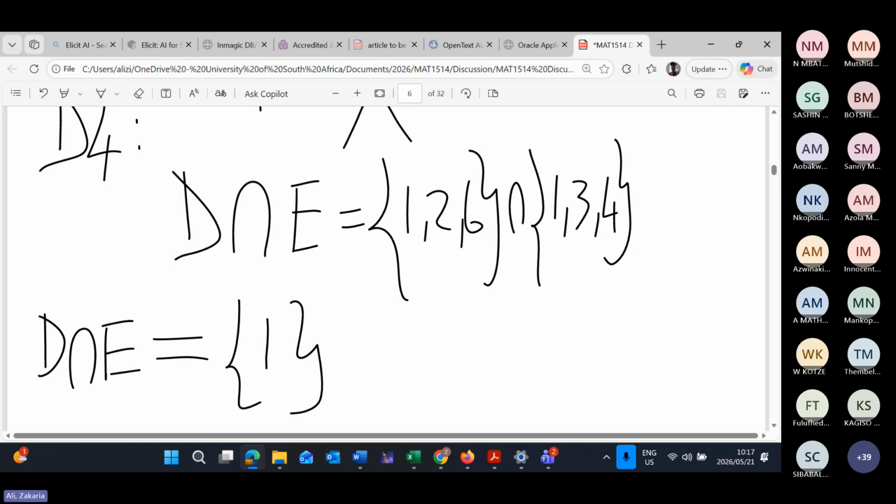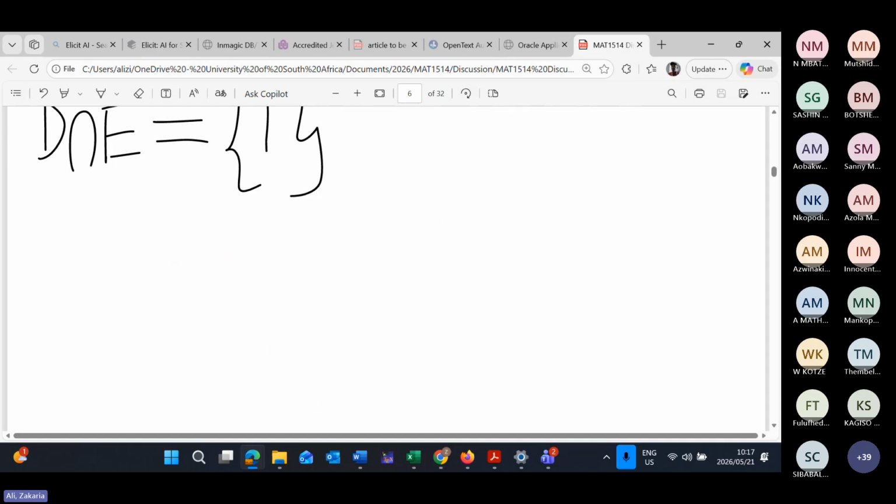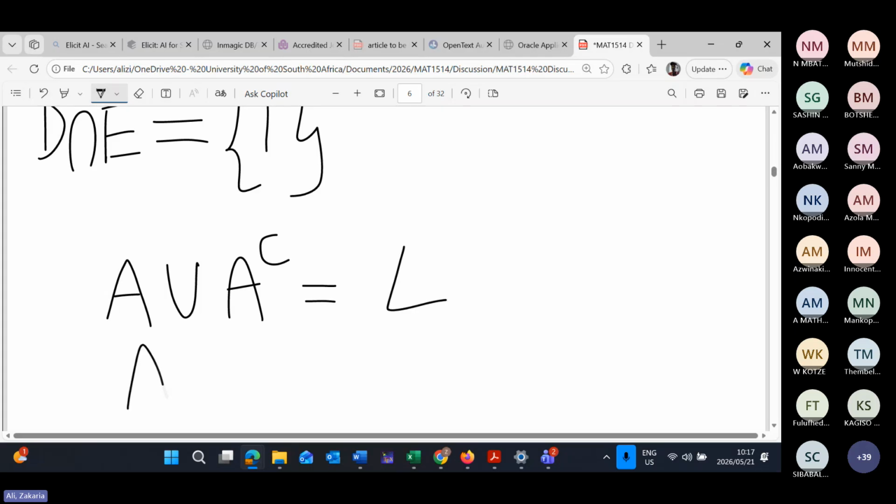Great. Now the question comes in. I mentioned earlier when I said the union that if I take the set A and do union with its complement, I get the original set, which I called L. The question is, what happens if you do the intersection? When you take the set A and add its complement, you get the big set.